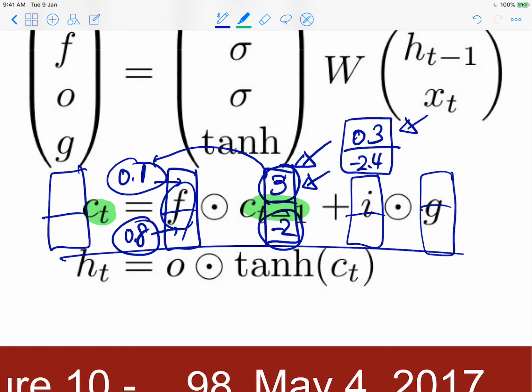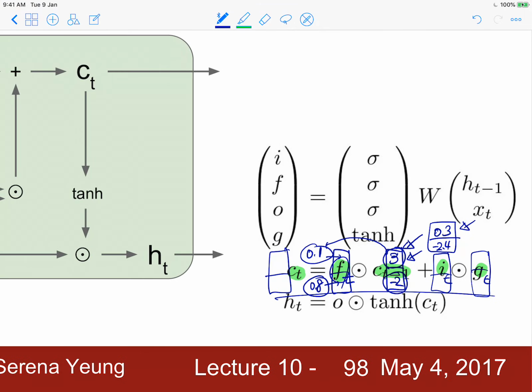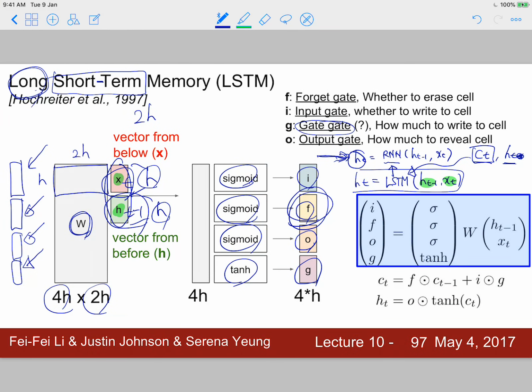There is no common recursive formula, because our F, I and G become different. So this is F_t, I_t and G_t, which is the output generated by this linear transformation, followed by each of these different nonlinear units.